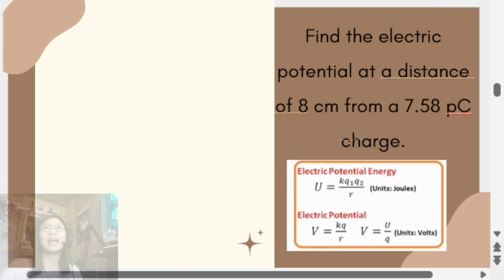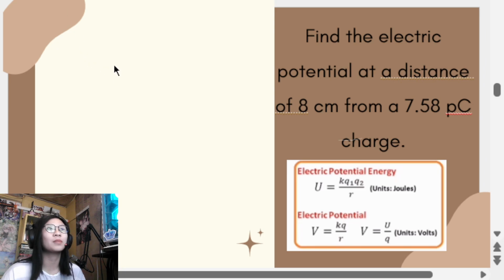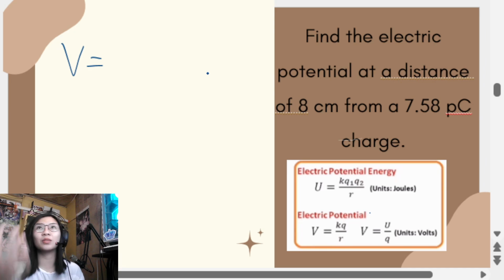Next we have here, find the electric potential at a distance of 8 centimeters from a 7.58 picocoulomb charge. So we are finding the electric potential, which is V. But which of the two formulas will we use?